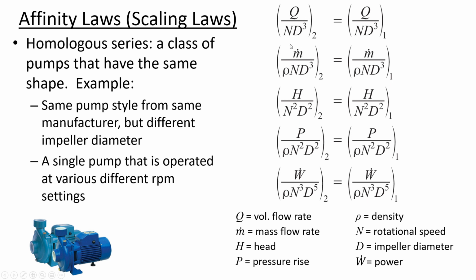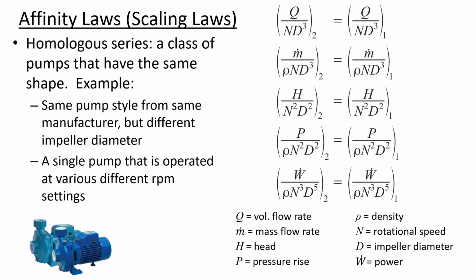So again, these first two are basically just saying if you change the rotational speed n or the pump's diameter, how is its capacity to move flow going to change, whether it's volumetric flow or mass flow. All right. So the rest of these three equations below it relate those similar things. How does changing the rotational speed or the diameter affect the output of the pump in terms of the energy that it's supplying? So not the flow rate, but here H is what we've been writing so far as H sub P, meaning the pump head.